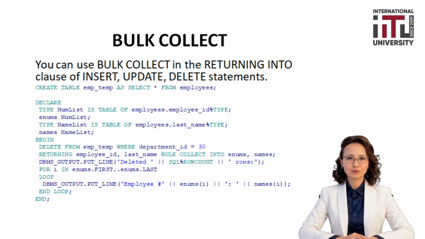Then we delete all employees in Department 30 and use returning bulk collect into to fetch the IDs and last names of the deleted employees. We display the total number of rows deleted using SQL%ROWCOUNT and then loop through the collections to print the details of each deleted employee. This approach lets you process multiple affected rows at once, improving performance and making your code more efficient.